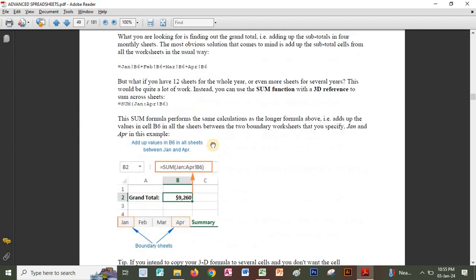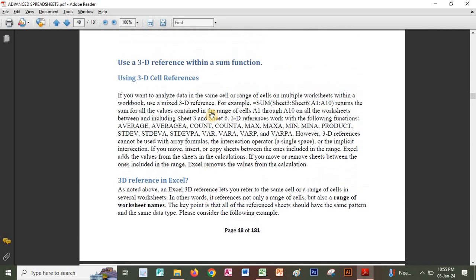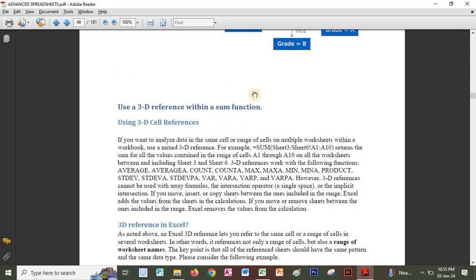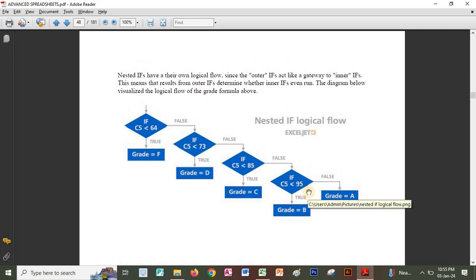The next session we are going to have together, we are going to discuss 3D referencing. So let us end our session at this point where we were discussing levels in our functions.